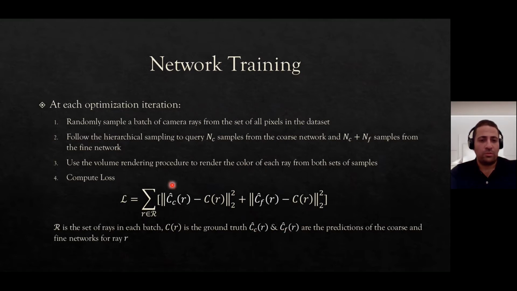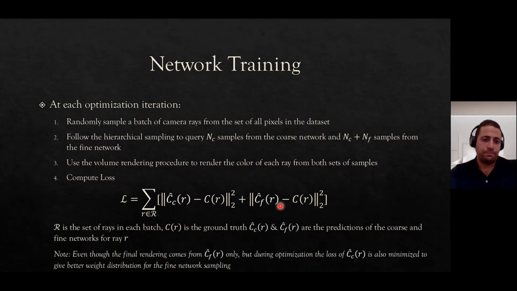So we calculate the loss on the coarse network output, and we calculate the loss on the fine network output. We notice here that we calculate the loss for both, however, when we render we use just the fine network. So why is that?